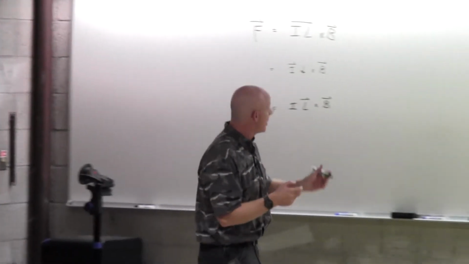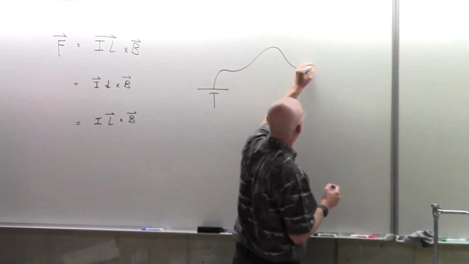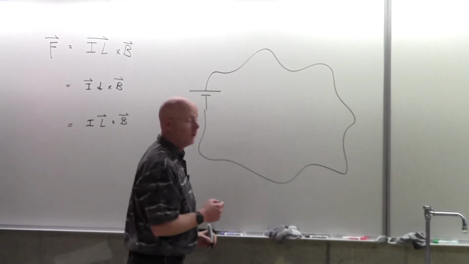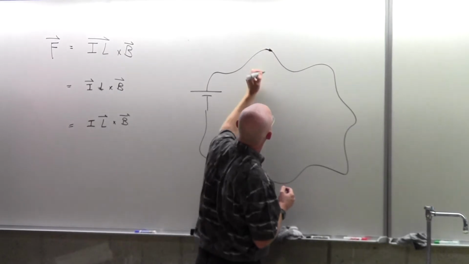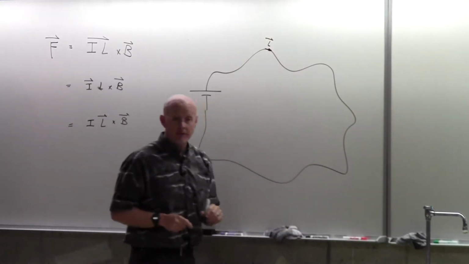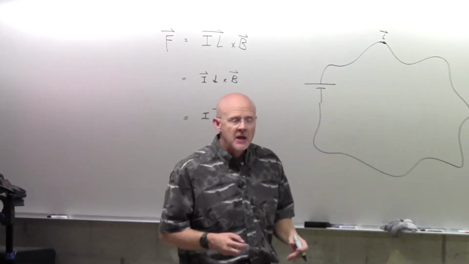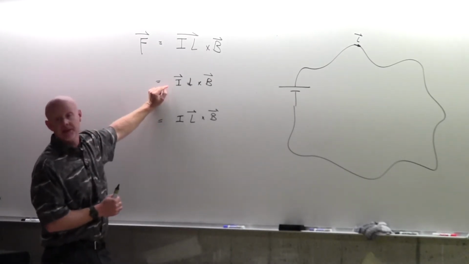And what the author is trying to say here is if you took a power supply and the wire did something like this, then at some little point right there, that's the direction of the current. The direction of the wire. And like I said, conceptually, I like this.